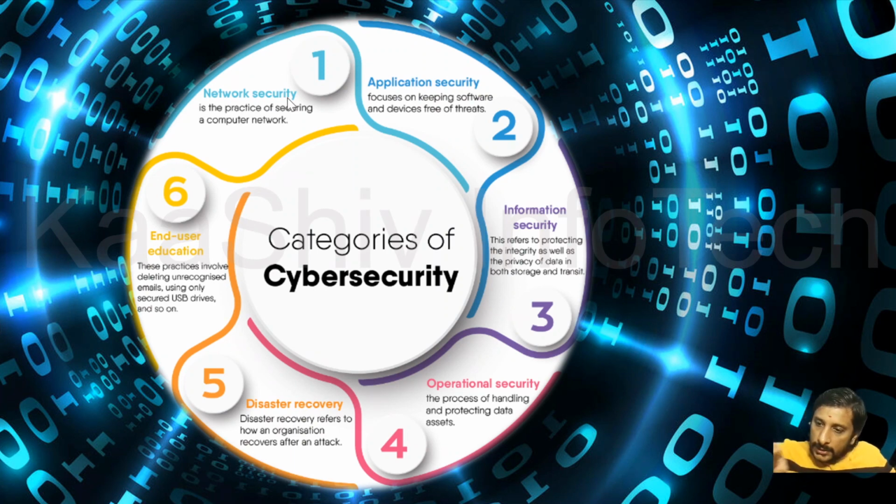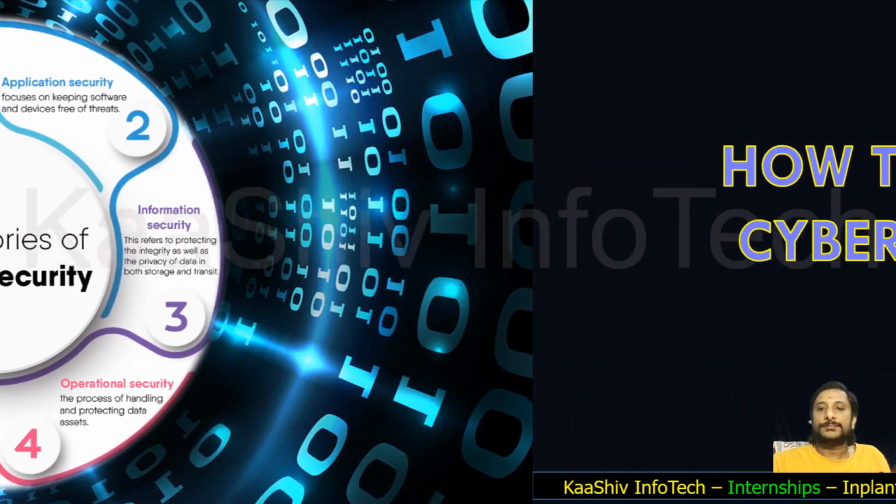Via the network, I need to secure it. The application will have the data, we need to secure it. What is the process I followed? The operation: if it is gone, recover the things. And finally, train the team. This is how the categories of cyber security work.